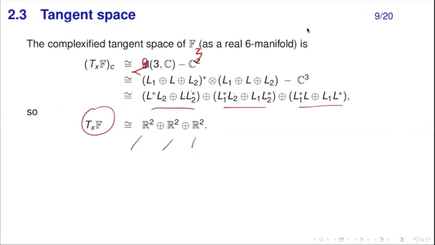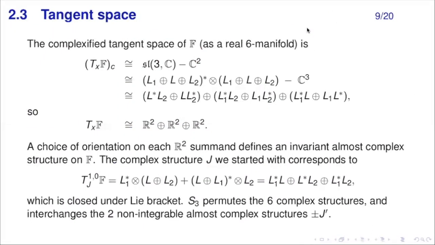So if you do that, that gives you a total of, strictly speaking, 8 almost complex structures, but up to sign only 4. 3 of those will be integrable and 1 will be non-integrable, which is the nearly Kähler one. So for example, if you want the standard complex structure on the flag manifold, that means the 2 projections to CP2 and CP2 star are holomorphic.